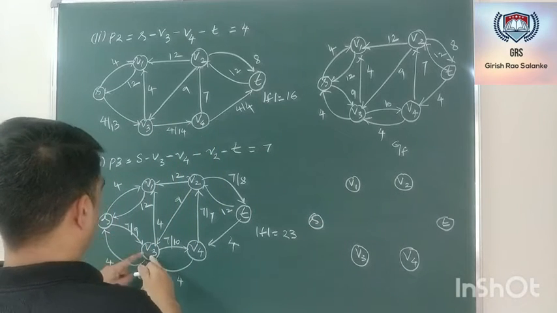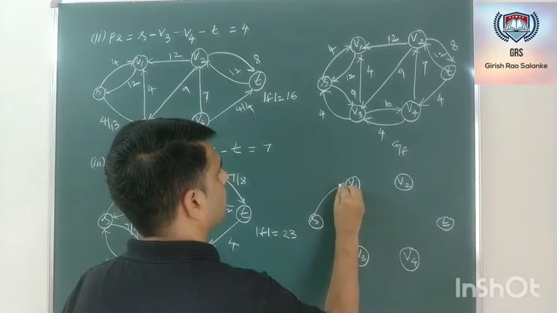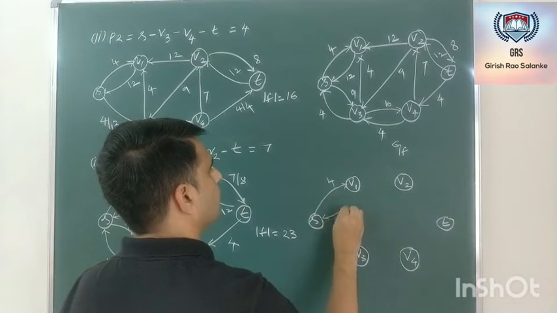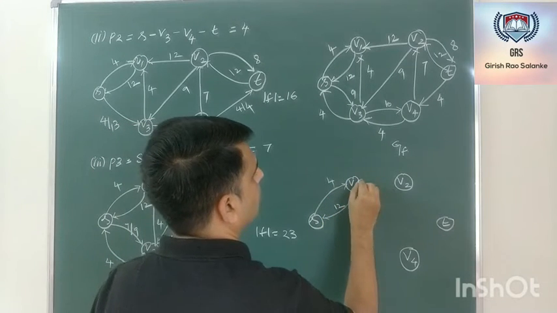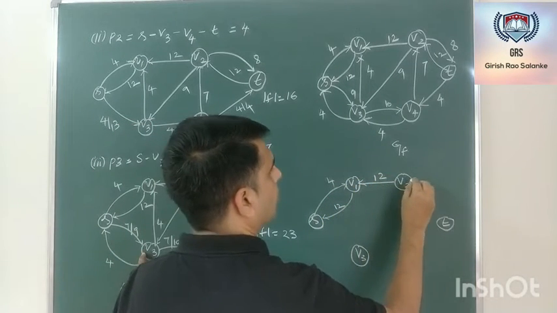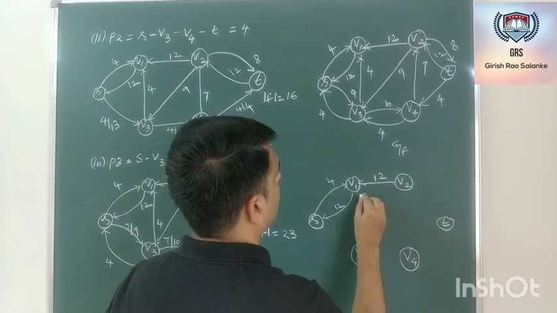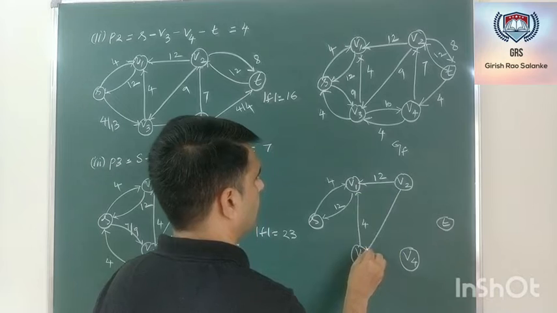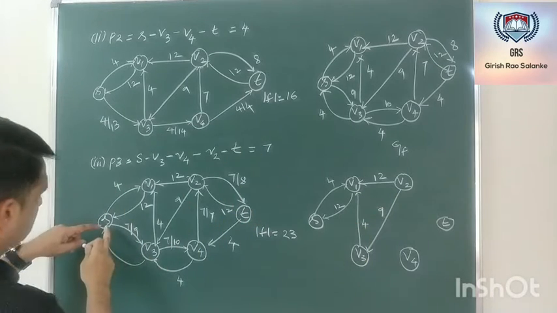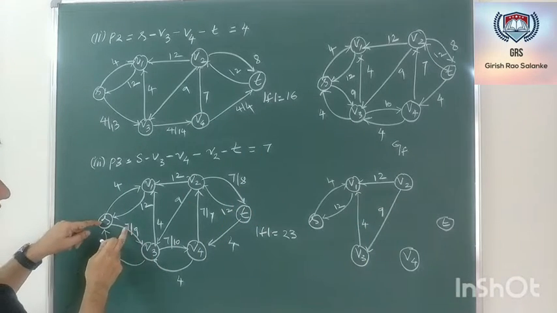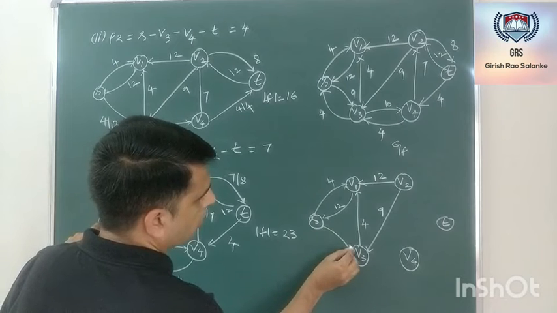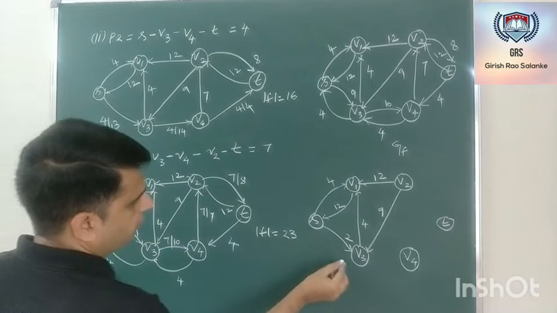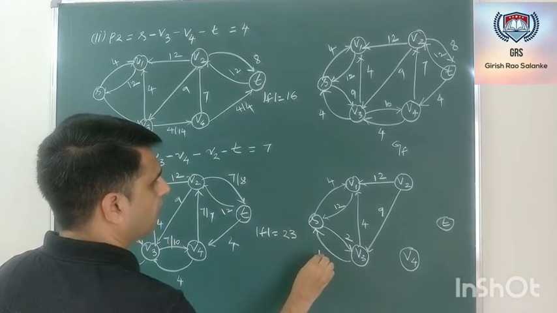The edges that I have considered are these. So no change here. Now what about this? 7 units. 9 minus 7 is 2. Add this 7 in the backward edge. This will be 11.